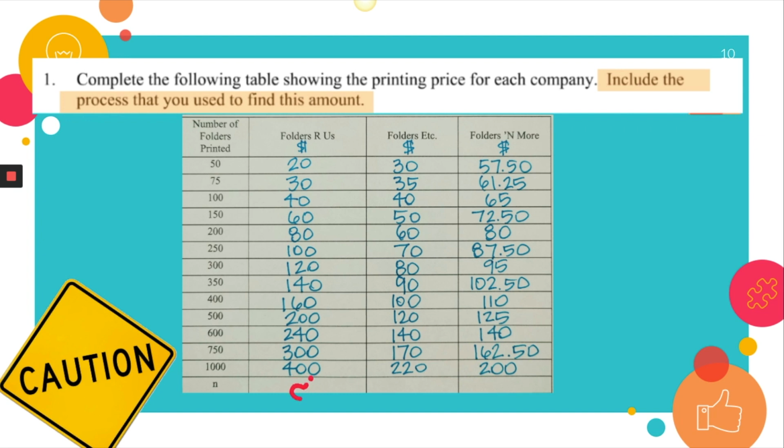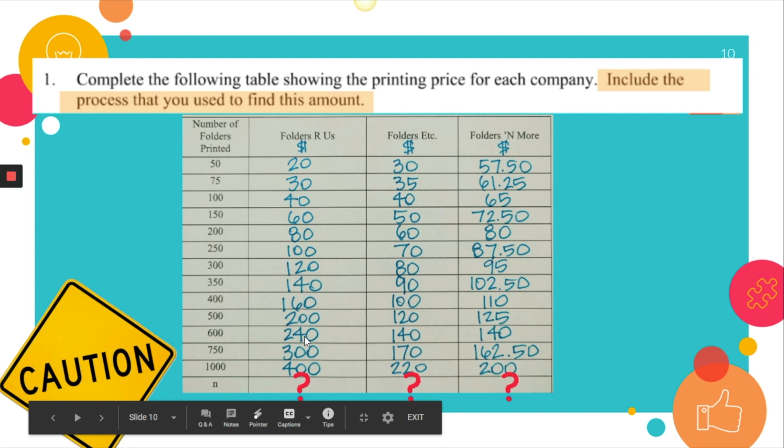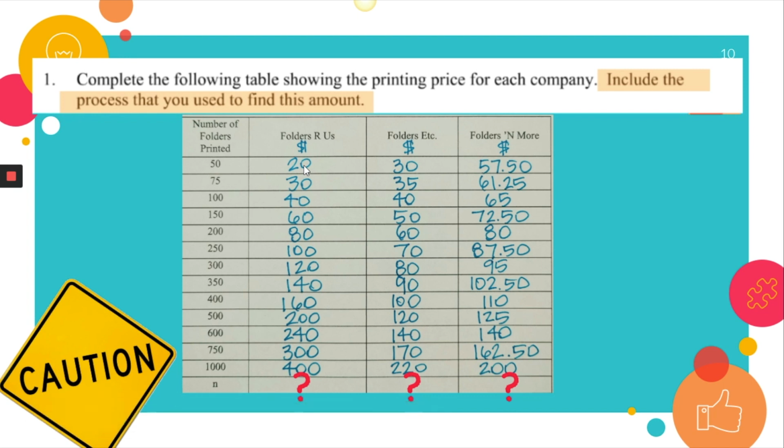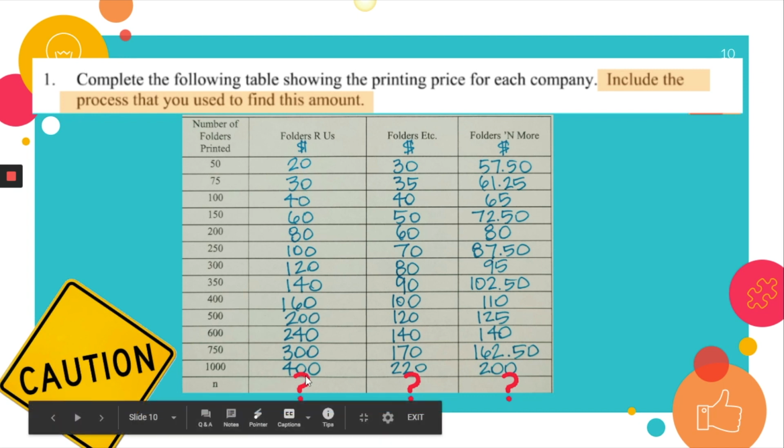The problem with this is, once they get down to the bottom and they have to write that expression, they don't have anything to guide them in order to figure out what this is. If they show their work, if they show the process throughout this column, then when they get to the bottom, this will be a lot easier for them to figure out and answer.